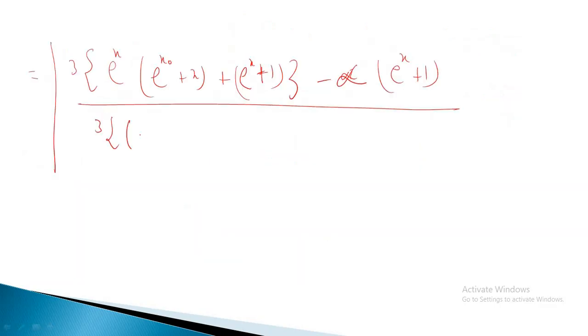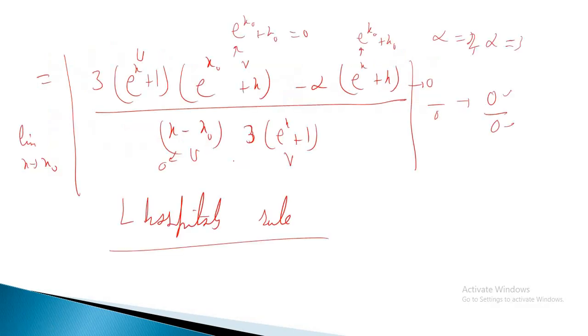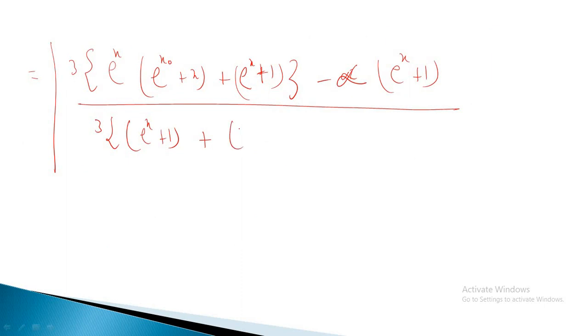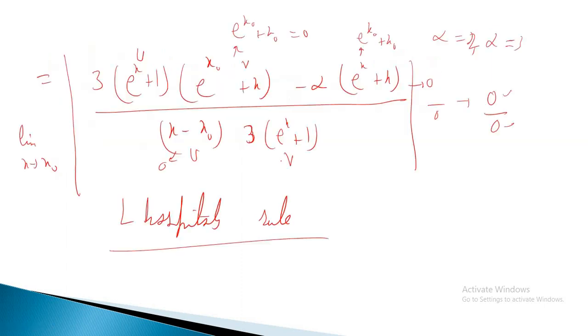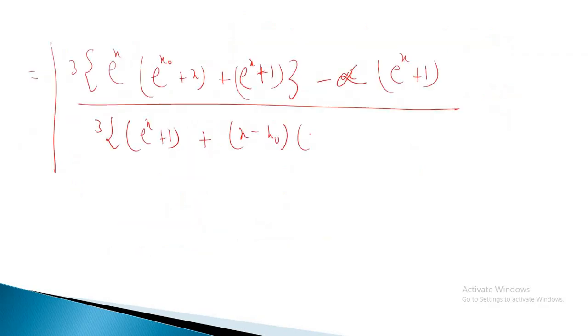So we'll have e raised to power x plus 1 and plus, keeping u same, that is x minus x naught times differentiating v, we'll get e raised to power x plus 1. For the differentiation of 1 is 0, while the differentiation of e raised to power x is e raised to power x. So we'll get e raised to power x.